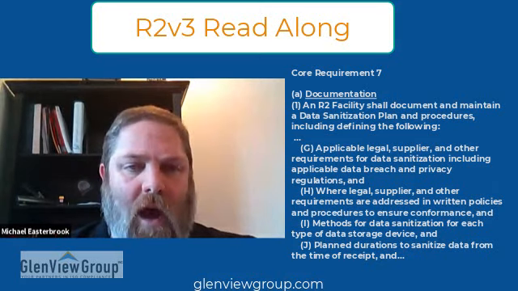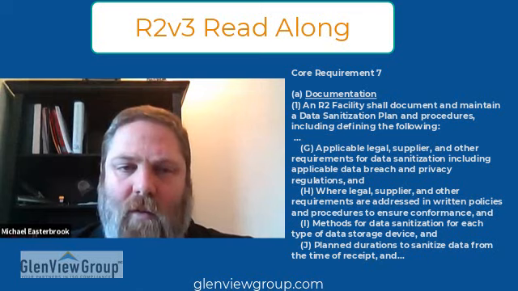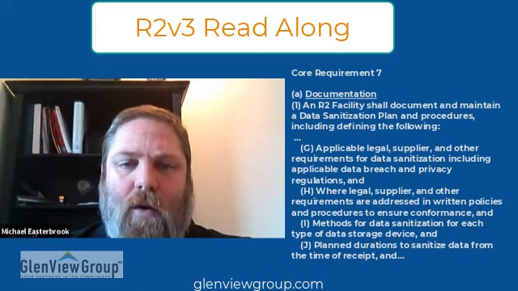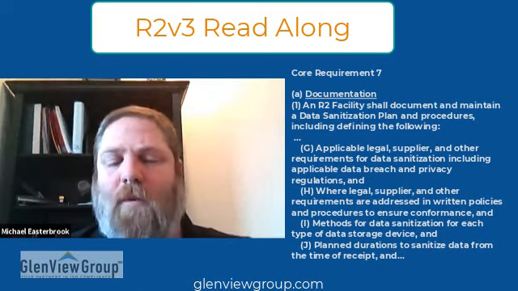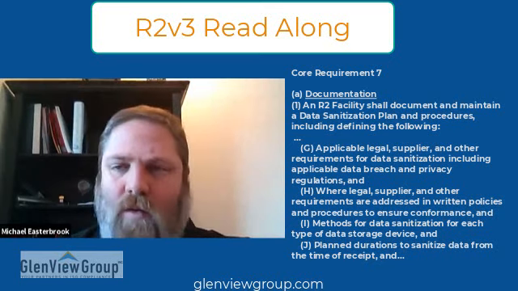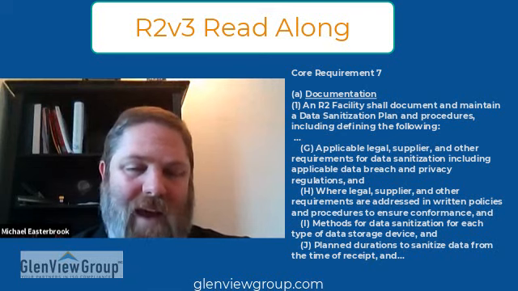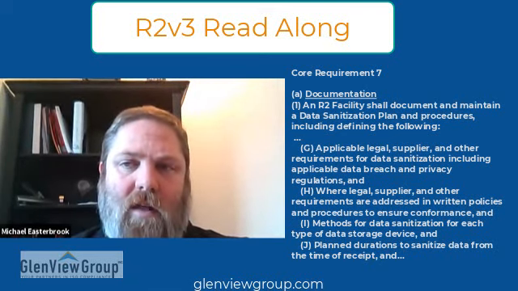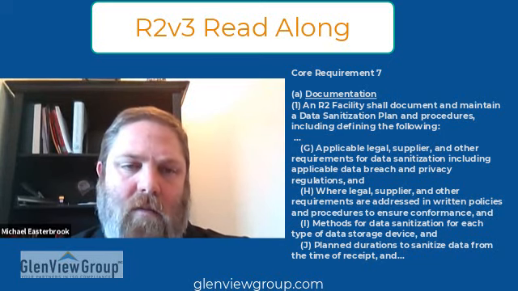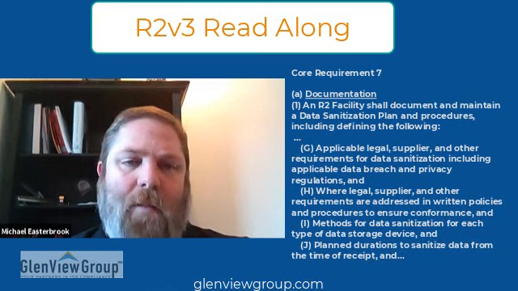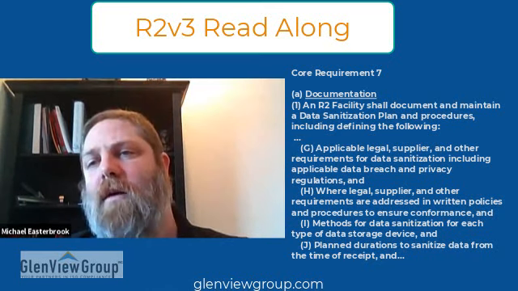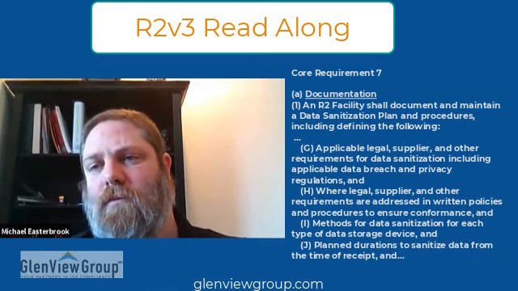So you have to look at all the legal, supplier, and other requirements that are applicable to your operation, depending on what you're doing, which state you operate in, and the kind of data that you're managing. All of that has certain regulatory implications, and depending on your supplier, they might have some enhanced requirements for you as well. Right.